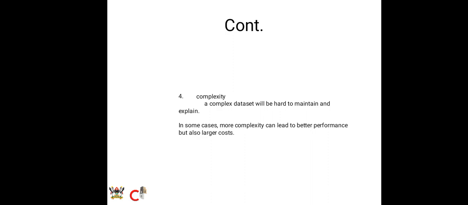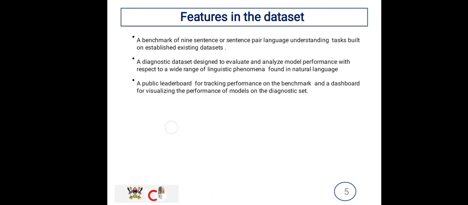Then the complexity. A complex data set will be hard to maintain and explain. But in some cases, a more complex data set can lead to better performance, though at the same time, it would be really costly.